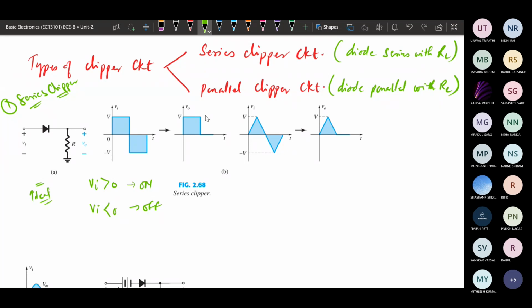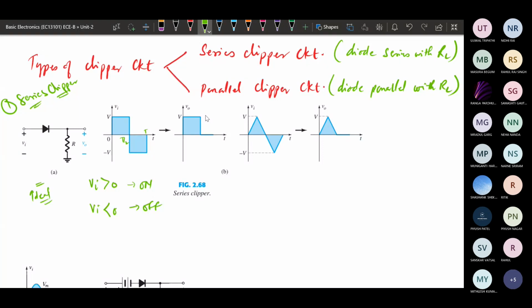So here is how the output is defined with respect to time. Initially it has a value of V for some time. Suppose this is T by 2 and this is T. For T by 2 time it has a value of V that is greater than 0, so this condition is satisfied and the diode will be on.